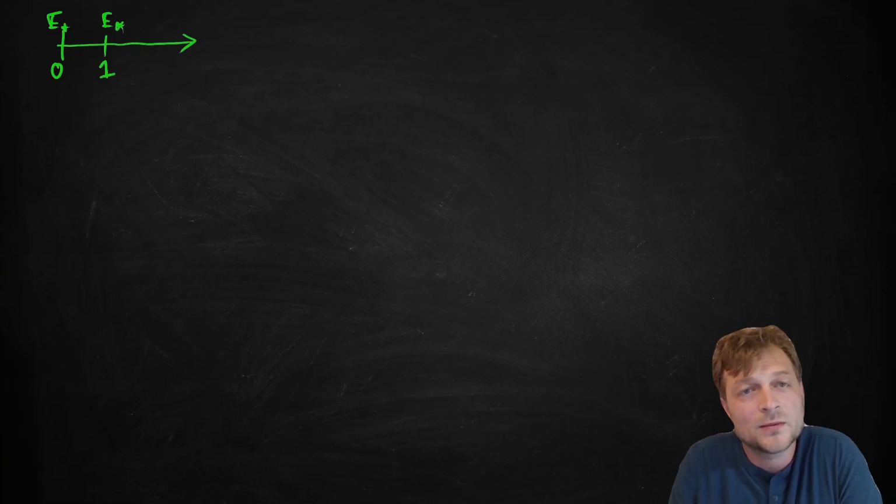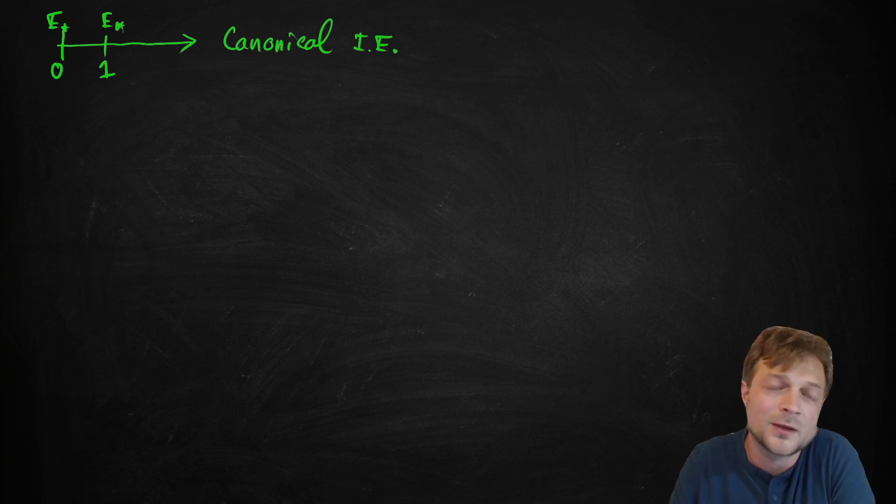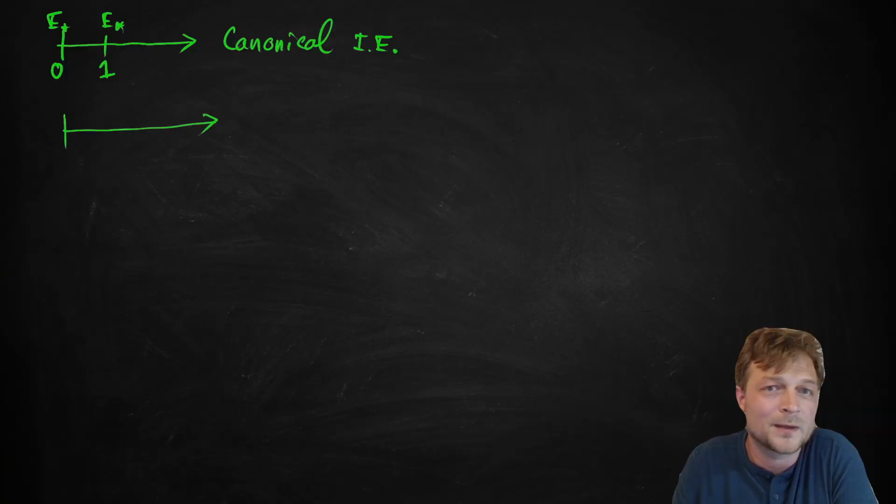Let's call these values canonical identity elements. I will refer to them as canonical. But let's say some space that we care about has two marks, two boundaries that we can measure or observe in practice.